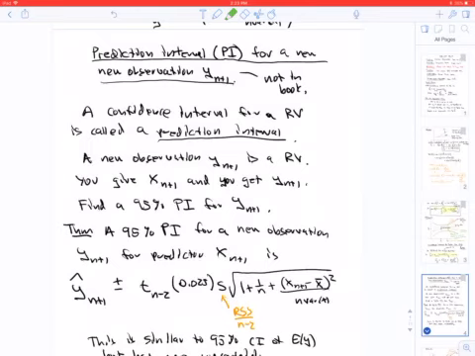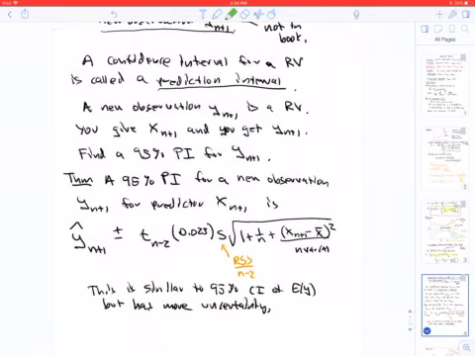For us, we've talked about confidence intervals for parameters, which in the frequentist framework is a constant known to Tyche. In the Bayesian framework, it's often a random variable. So confidence intervals for random variables are called prediction intervals, and our new observation is a random variable.